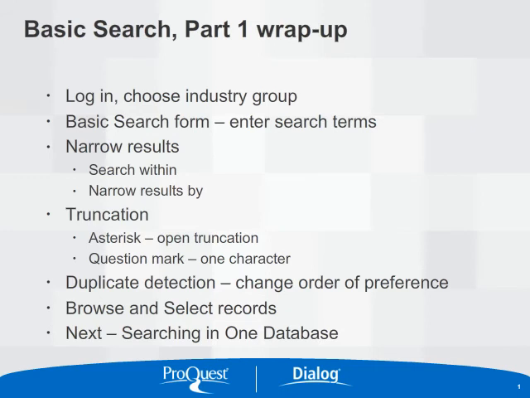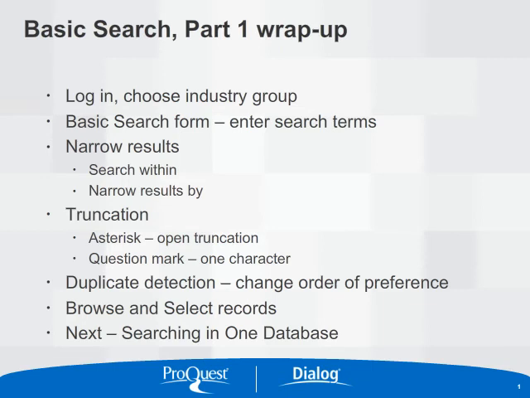We learned to use the asterisk for open truncation and the question mark for a single extra character. We learned how to change the database order of preferences for duplicate detection. And we learned to browse titles and select records for later viewing.